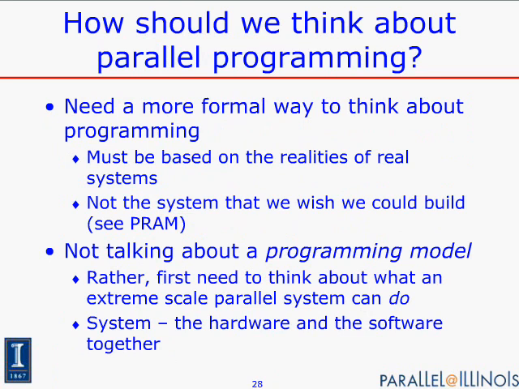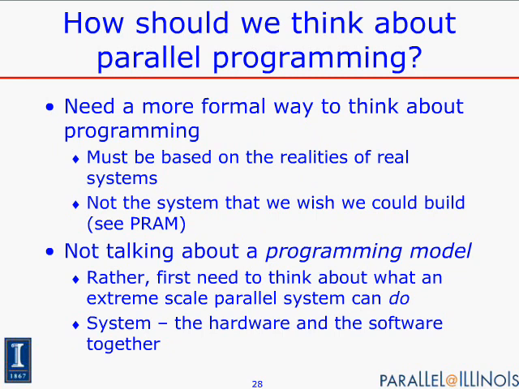So we really need a more formal way to think about programming, and it has to be based on the realities of real systems. Those of you who might know about the PRAM model, the PRAM model is useful for proving theorems about the limits of what is possible with a parallel computer, but it doesn't really provide a practical model for designing practical codes.